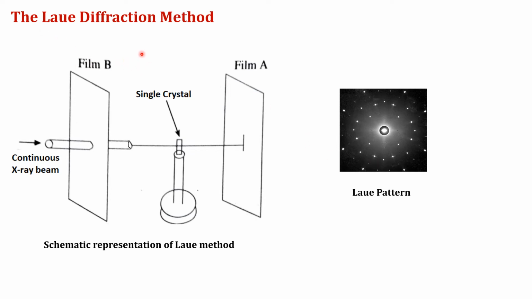Now we see the next method, the rotating crystal method, which is useful in determination of the crystal structure when a single crystal is available. Its schematic representation is shown here.